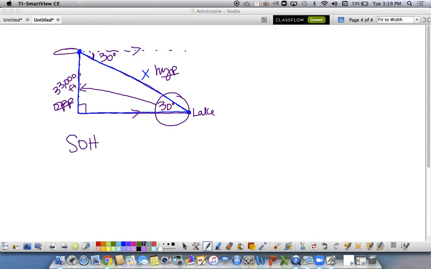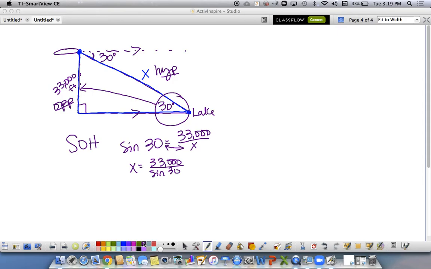So sine of the angle, we know the angle is 30 degrees, equals the opposite over the hypotenuse. How do we solve this? We just did two. They're going to switch. So x will equal 33,000 feet divided by sine 30.